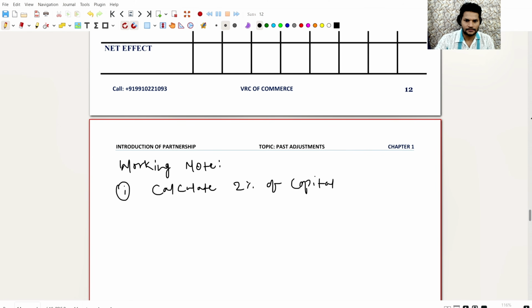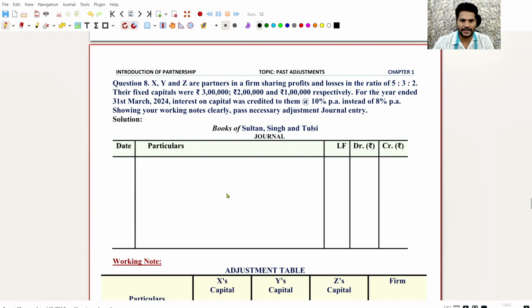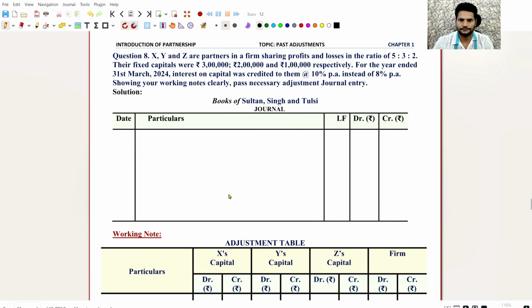So I put that 2% difference, that will be 10% minus 8%. What are the partner names in the question? Let's check it. It's X, Y, and Z.